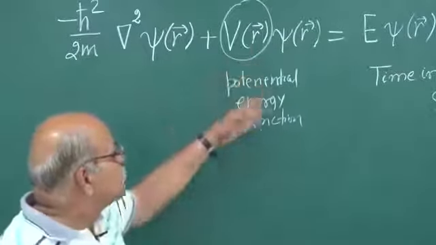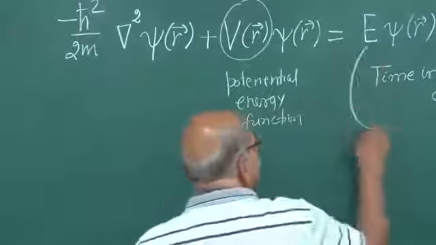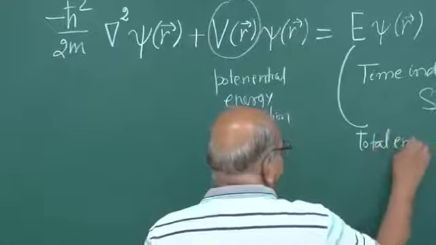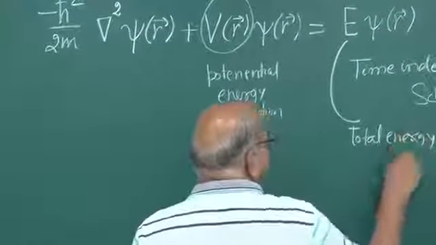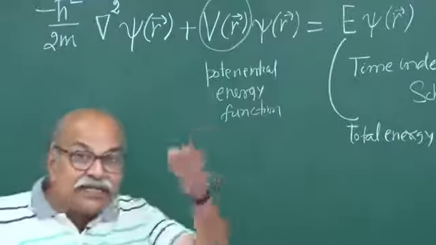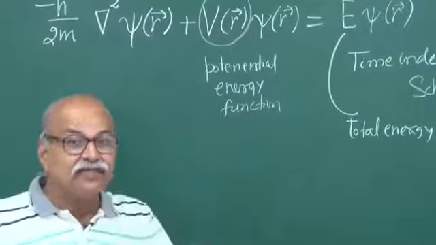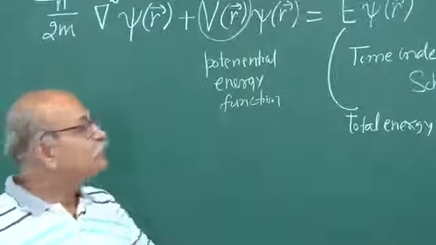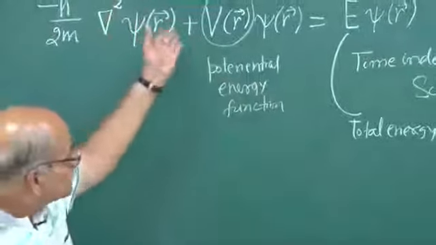So this is that potential energy function, and this is that total energy we are looking for. And where is that quantization, n equal to 1, 2, 3? How will it be quantized? It will be quantized by this equation itself.